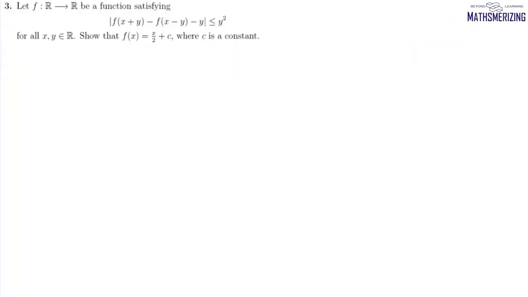Now the next question is, let this function f be defined from R to R such that mod of f(x+y) minus f(x-y) is always less than or equal to y squared. Now we need to show that f(x) is x/2 plus c, where c is a constant.